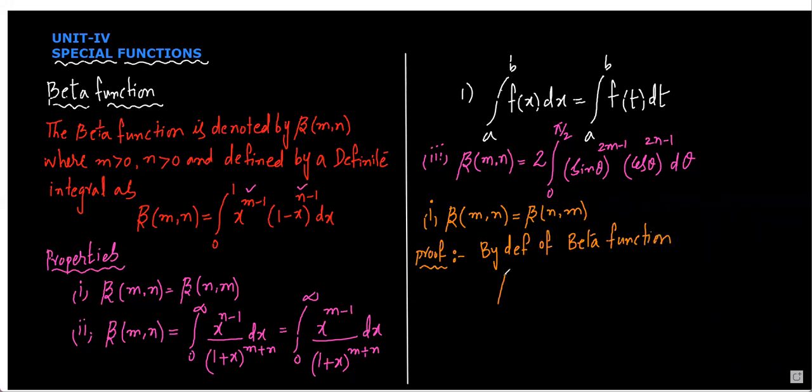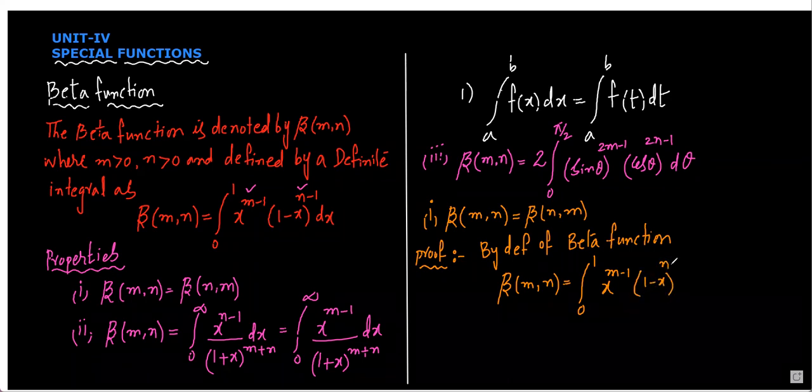Beta of m comma n is equal to, integral 0 to 1 x to the power of m minus 1 into (1 minus x) whole to the power of n minus 1 dx. This is called equation number 1.